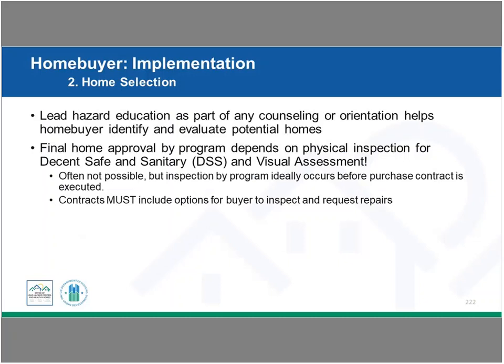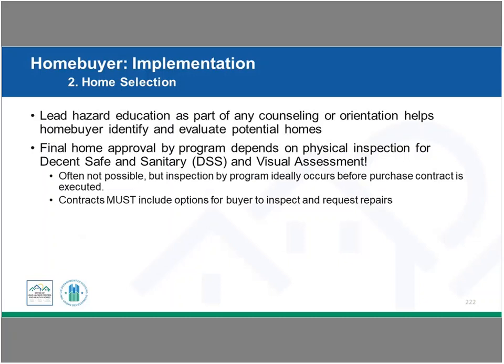But then we also have to incorporate into that the fact that under Subpart K, we're going to have to do that visual assessment and then paint stabilization and clearance. So that's going to have to be incorporated into our overall policies and procedures, and we need to think about staffing as part of that.